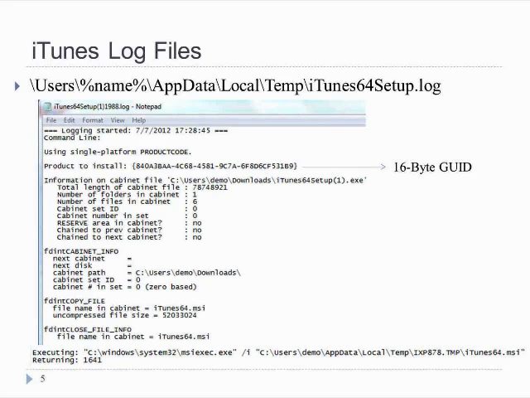We can see the temporary directory where the temp files were kept during the installation of iTunes, and that is in C:\Users\demo\AppData\Local\Temp. So we can confirm that the file was in fact downloaded to the machine and installed on the machine.